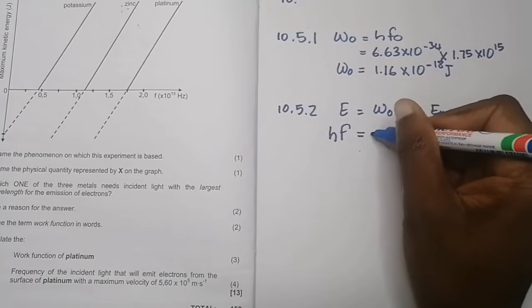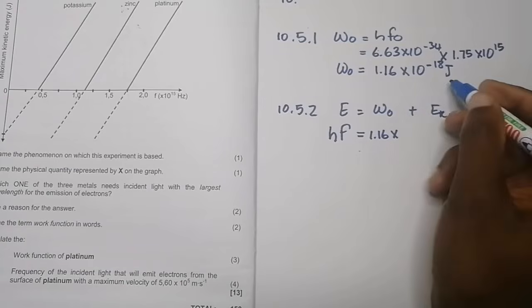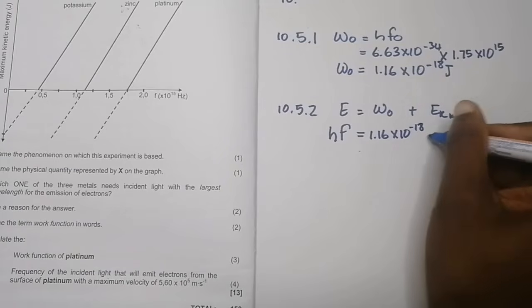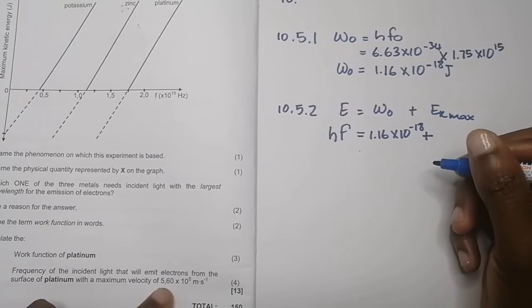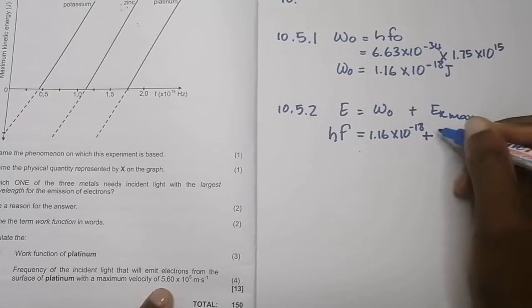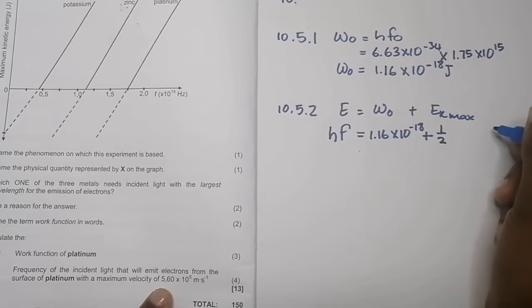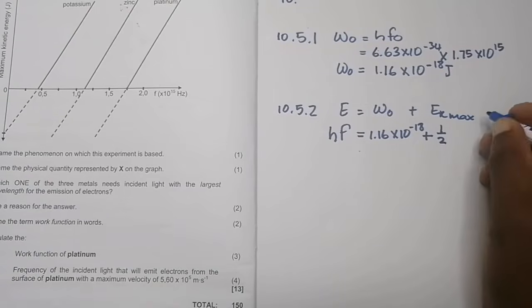So this would be 1.16, the work function we've already calculated, times 10 to the power minus 18, plus the kinetic energy. They gave us the speed of electrons. How do we calculate the kinetic energy? It is half of the mass multiplied by velocity squared. What is moving? Electrons.